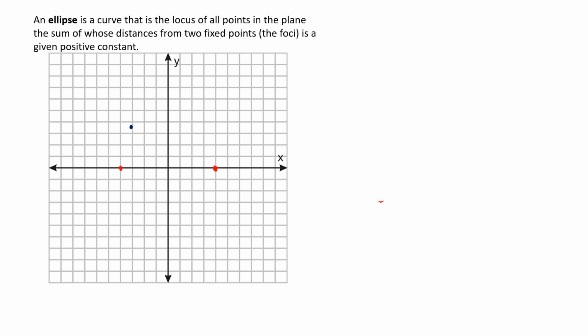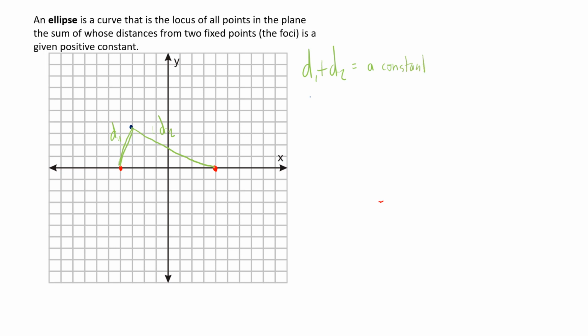The distance from that red dot to that blue dot, and then the distance from that blue dot to the other red dot, D1 and D2, the sum of those is constant for any point that is also on this curve. So D1 plus D2 is a constant.